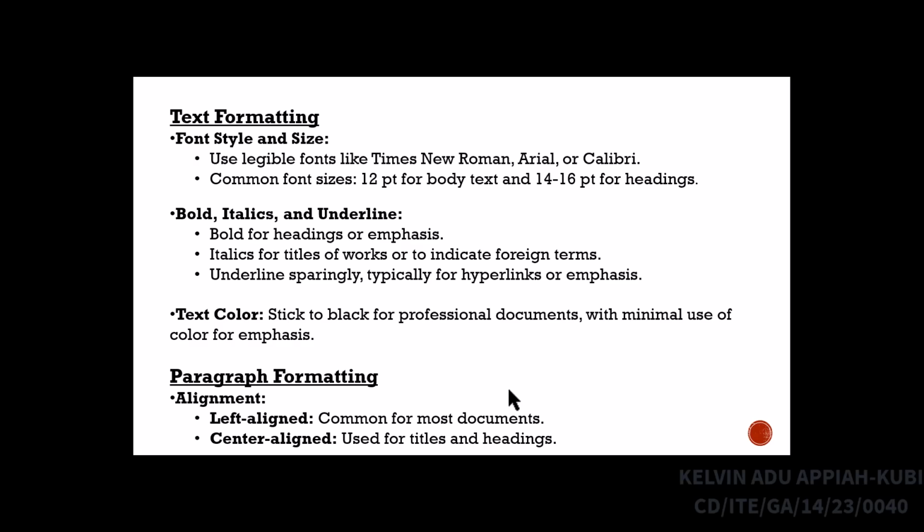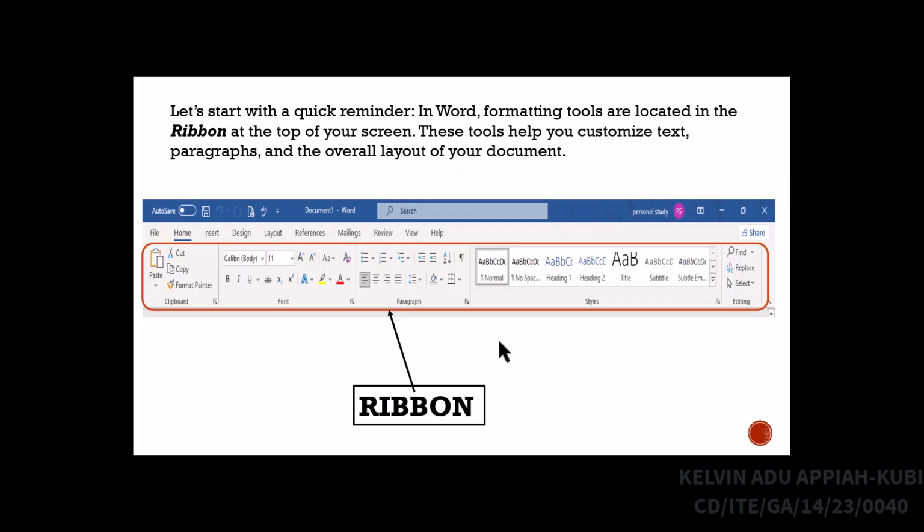We also have the next one, that is the paragraph formatting. Under the paragraph formatting, we have alignment. Before we start with formatting a document, there's a quick reminder. All the tools that we use for the key aspects we've talked about are located at the top of our screen when we open the Microsoft Word application, which we will see later.